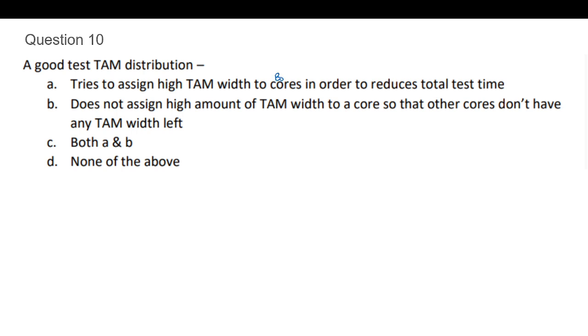If this core were, say, a bottleneck core, then it will not at all reduce the test time. So this option is also not correct because it is not specifying which type of core. Next is, does not assign high amount of TAM width to a core so that other cores don't have any TAM width left. So this is also not correct. So not A and not B, so none of the above.